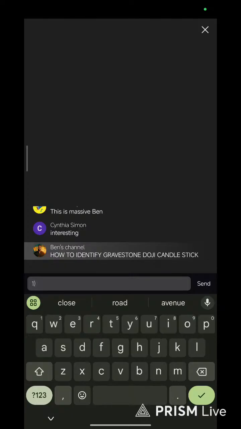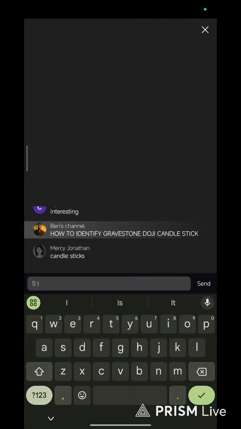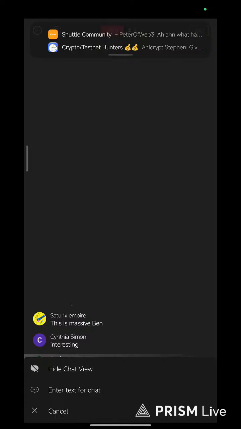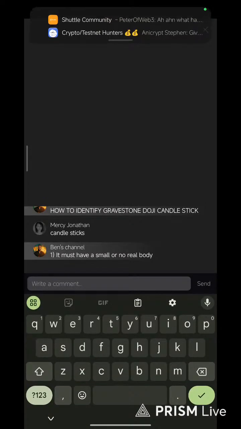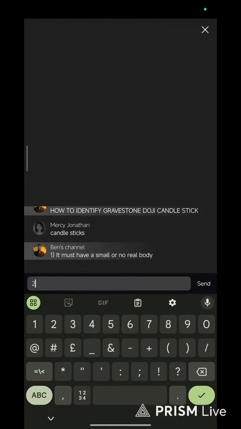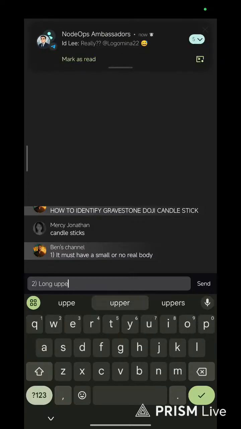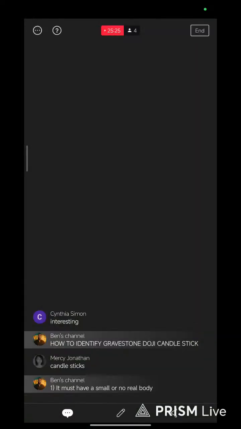Number one, it must have a small or no real body. You can jot this down. Number 2, long upper shadow.